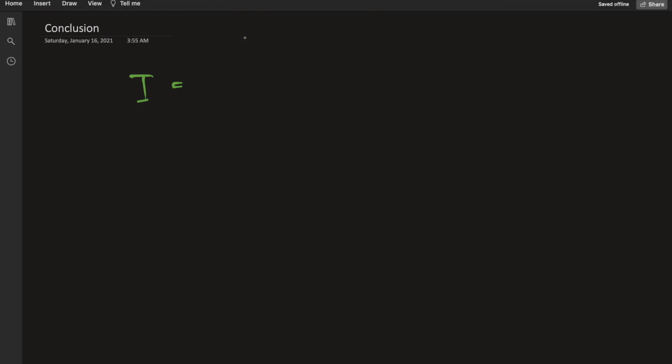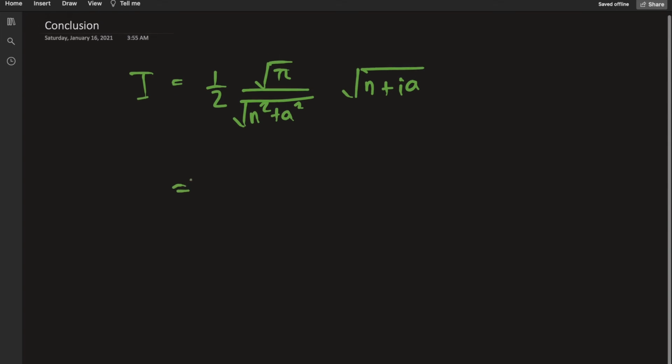So our I is precisely going to be half square root of pi over square root of n squared plus a squared, along with this square root of n plus ia term. That's a lot of square roots.